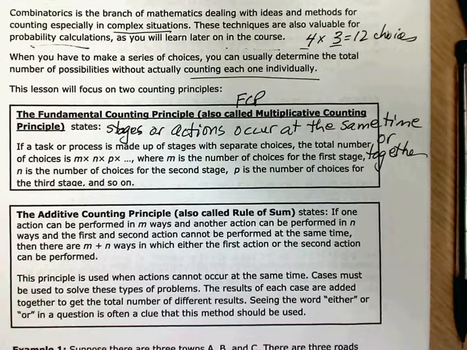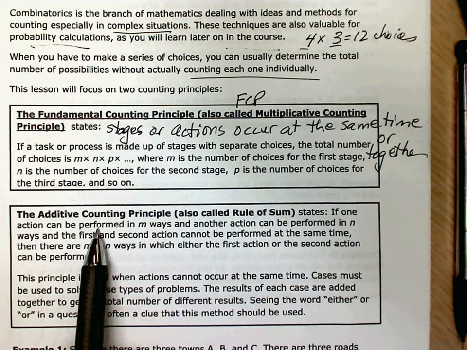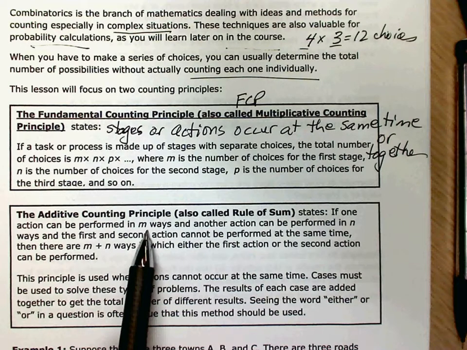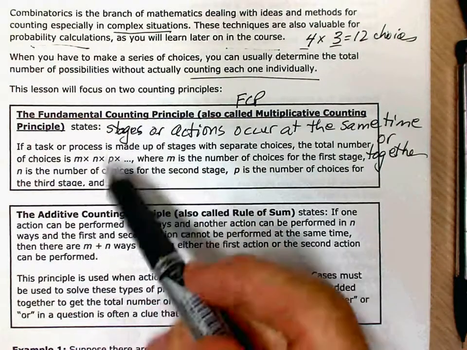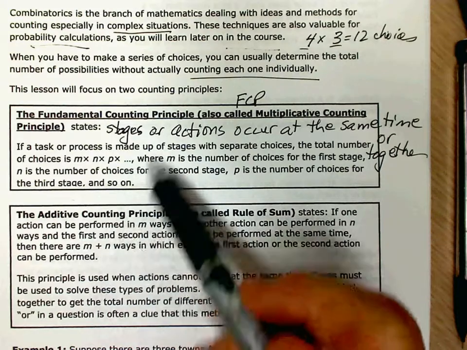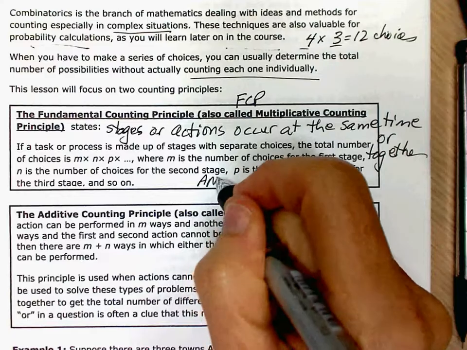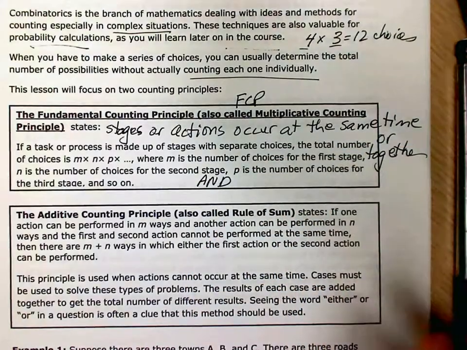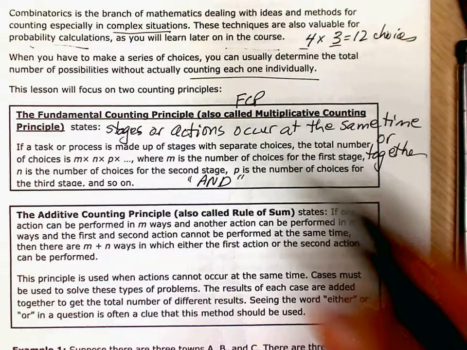The way to distinguish between the two, 99% of the time, is you'll see an "and." I'm going to wear pants and a top and some shoes, right? You'll see this word "and" in the question.